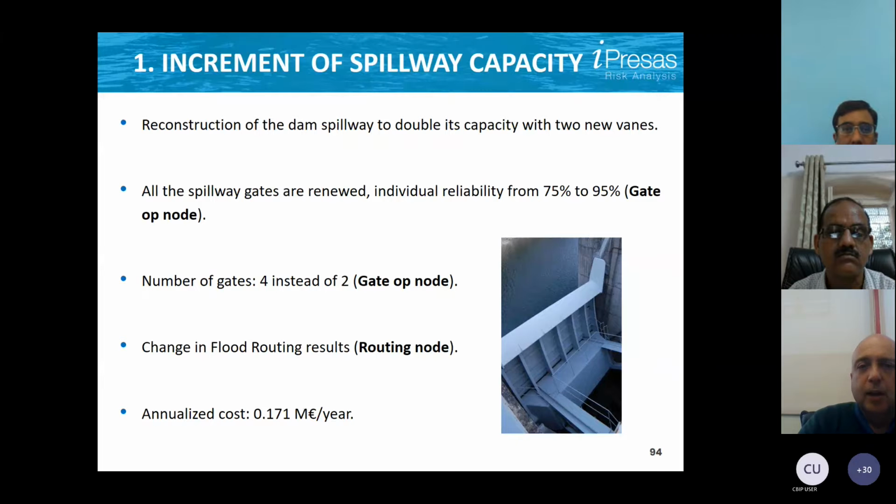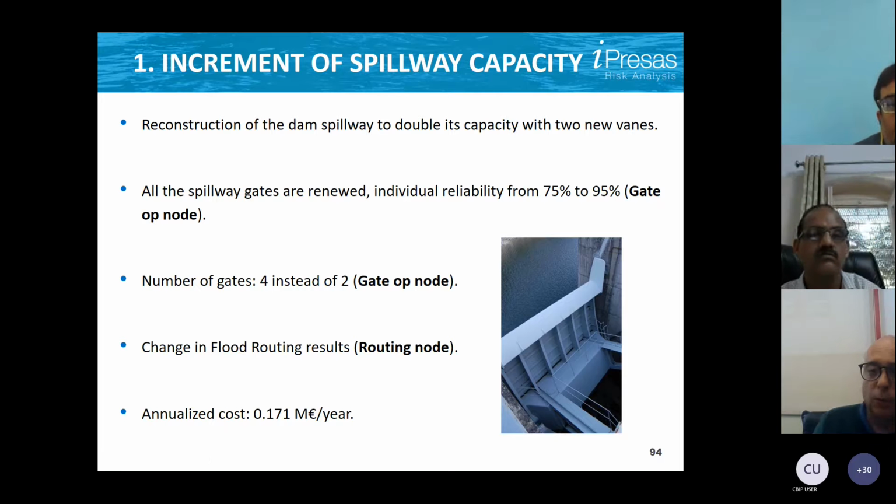More things. What are the four actions that we are going to check? Let's write down the first one, because the first one I'm going to fully solve with you. So the first one we will do is enlarging our spillway. It will move from 2 gates to 4 gates, and reliability will escalate from 75% to 95% per gate.